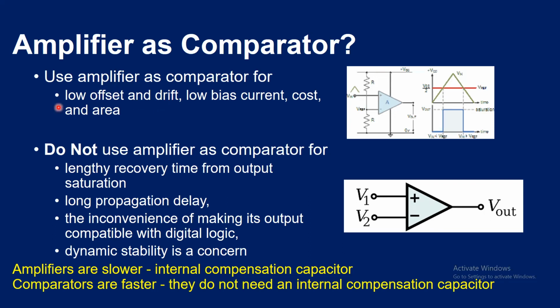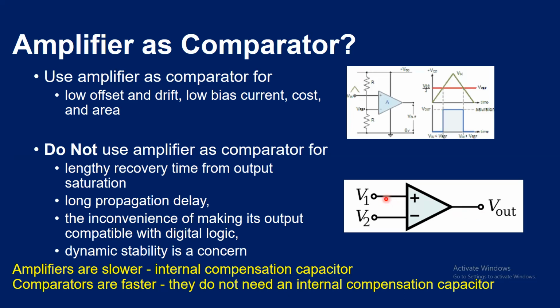So now we say use an amplifier as a comparator if you want low offset and drift. What is the offset? Offset voltage, in a differential amplifier, is the minimum difference voltage that you must apply between the two terminals of the amplifier to nullify the output, to set the output to zero.